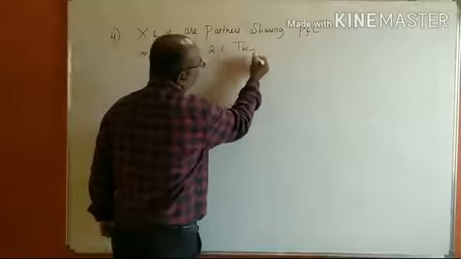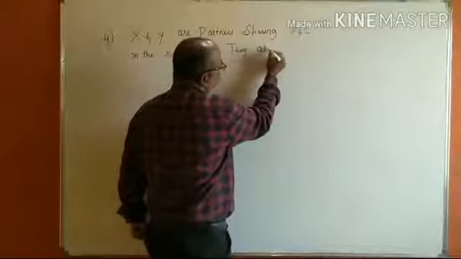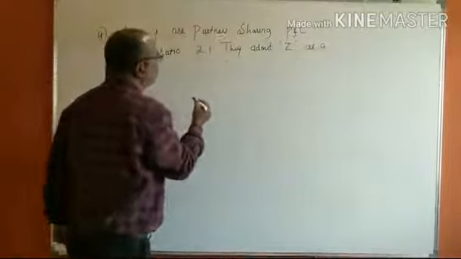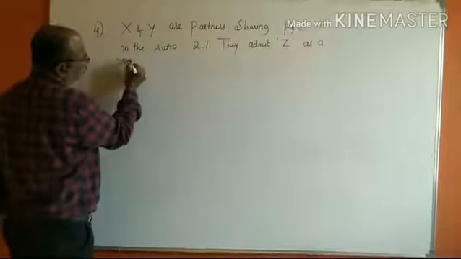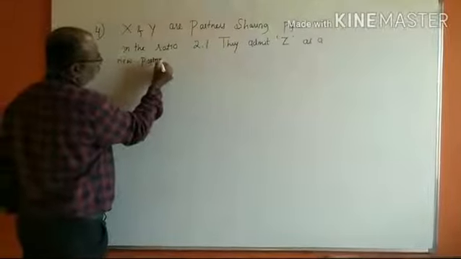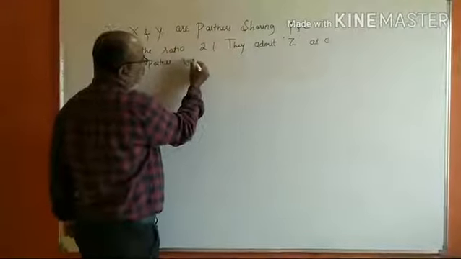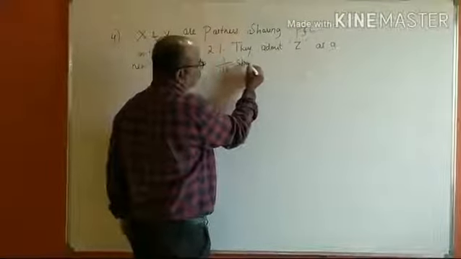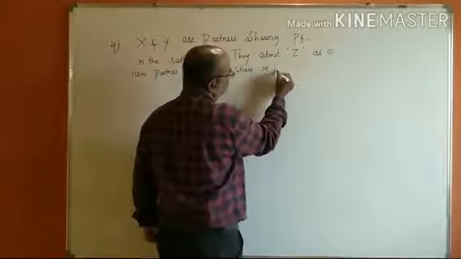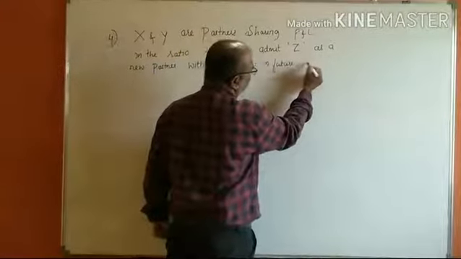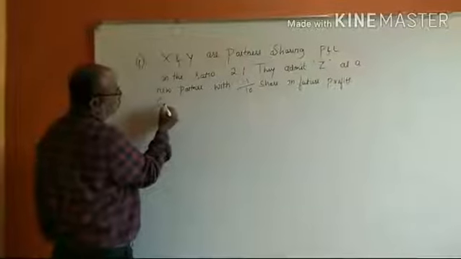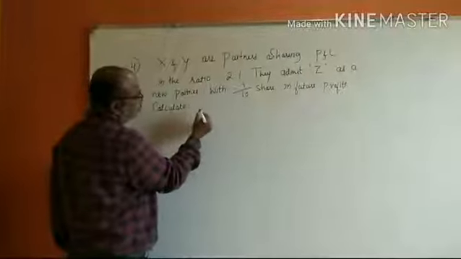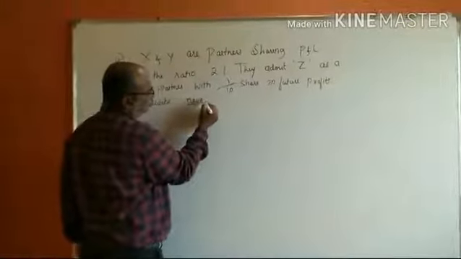They admit Z as a new partner with 1/10 share in future profits. Calculate the new profit sharing ratio.